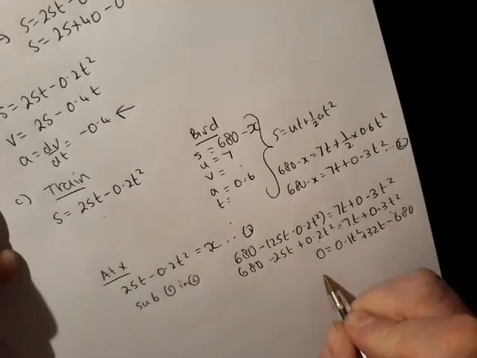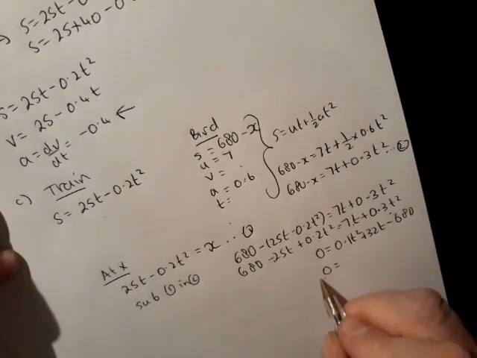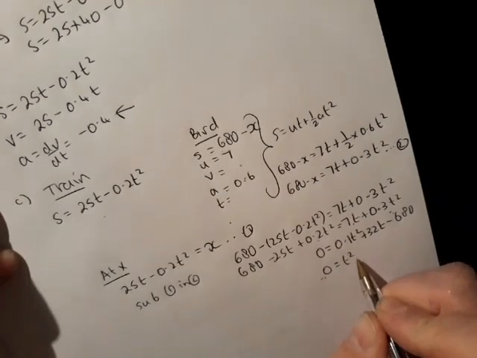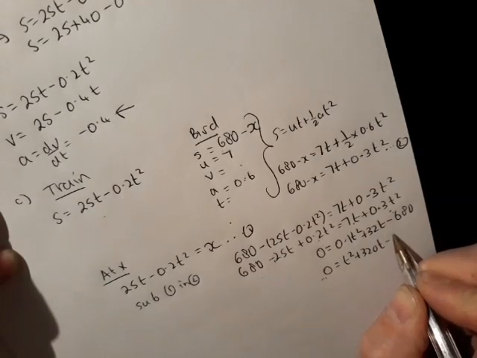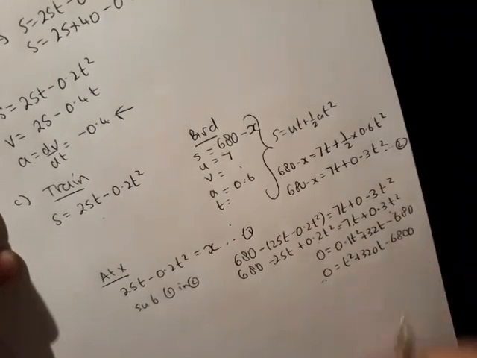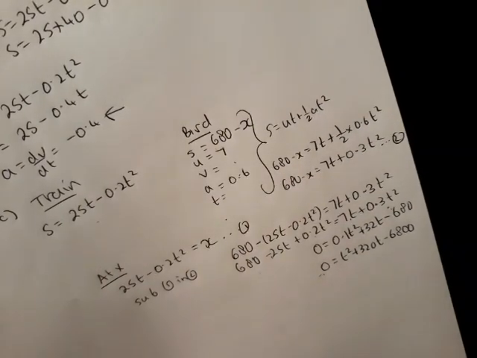Now, I don't like this 0.1t squared, so I'm going to times both sides of the equation by 10, so we get t squared plus 320t minus 6,800. Looks a bit daunting, but actually it's not too bad.